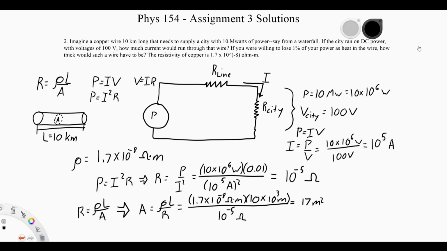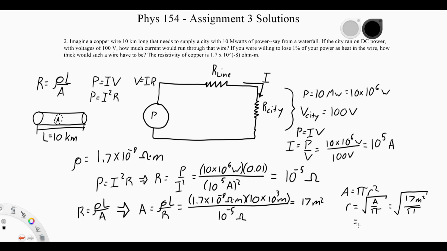We want to find out how thick this wire is, which means we want to know what the diameter of this wire is. So that would mean the area of a circle, of course, is just pi r squared. So we want to solve for r. So that's just going to be r equal to the square root of A over pi, the square root of 17 meters squared over pi.